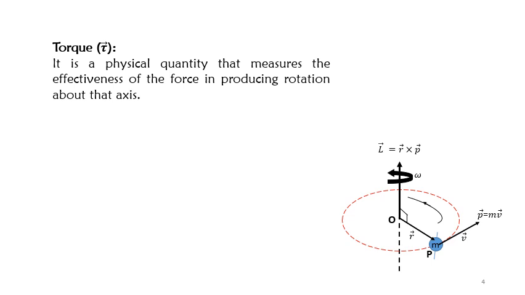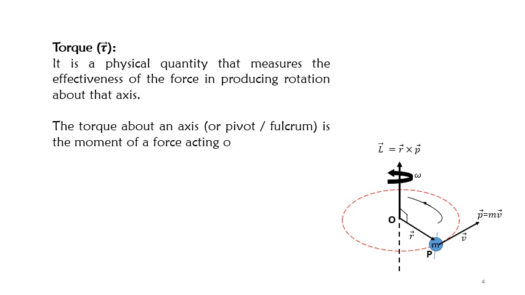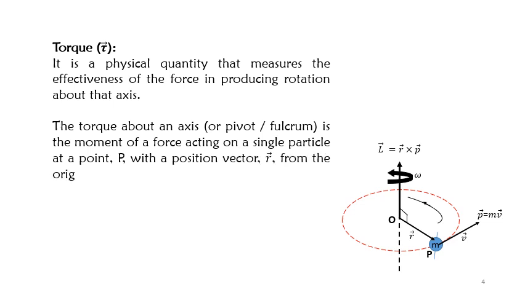We see that as we go on. Still refer to that image. The torque about an axis or pivot or fulcrum is the moment of a force acting on a single particle at a point P with a position vector r from the origin O. So the moment of a force, that's what torque is.